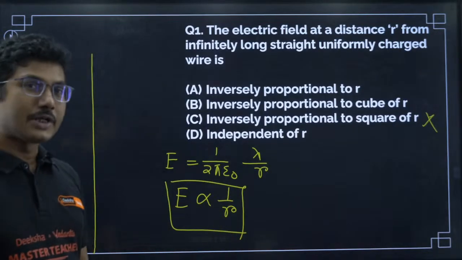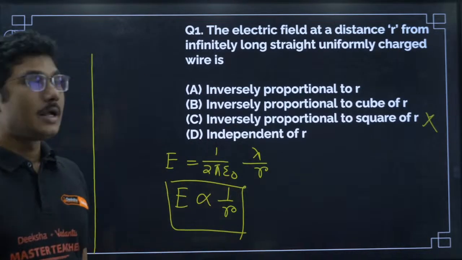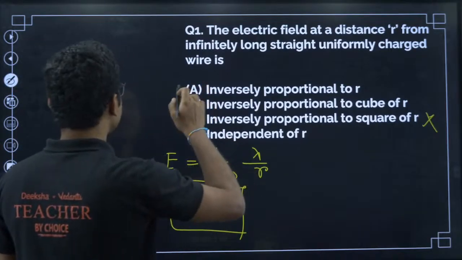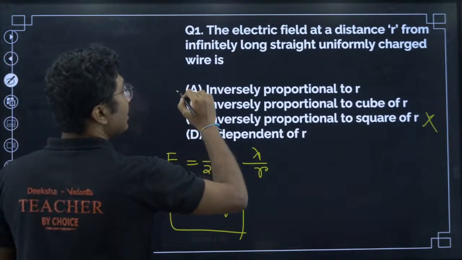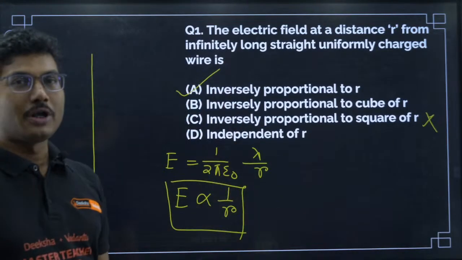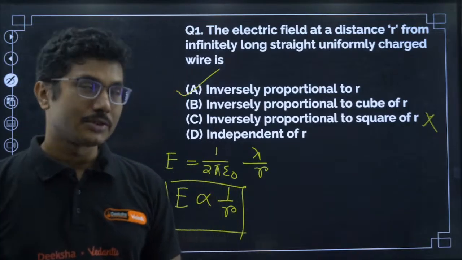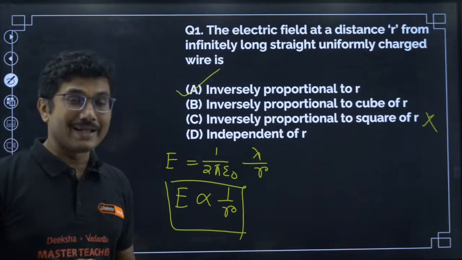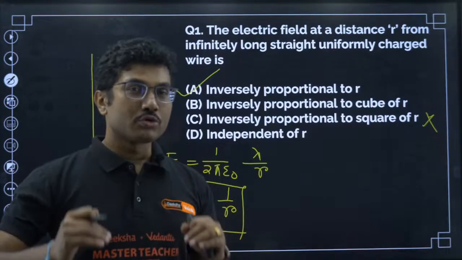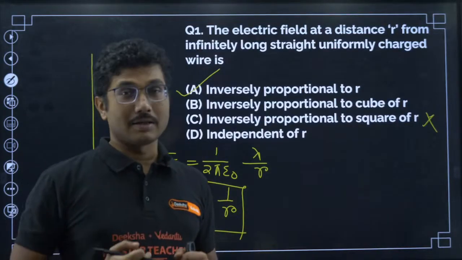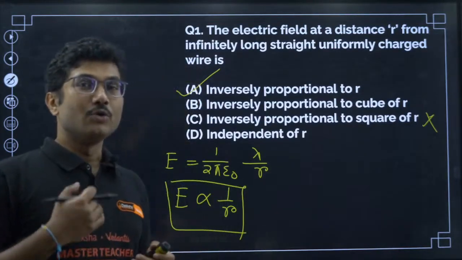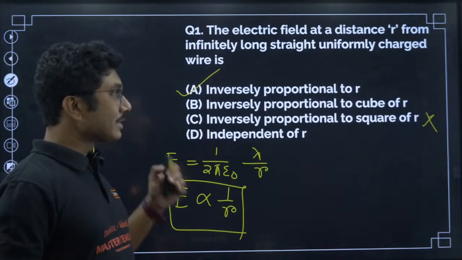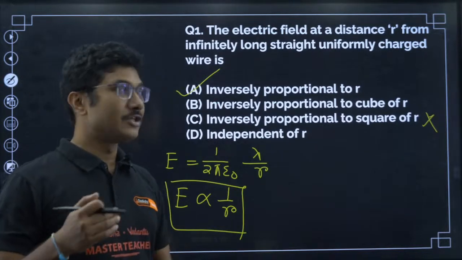If it is a point charge, it will be 1 upon r square, but it is an infinitely long straight wire, so it will be inversely proportional to only r, not 1 by r square. So be careful when you answer these questions. These are tricky MCQ questions. Most students make mistakes in them even if they seem simple and easy. That's why I am going to practice MCQs with you.